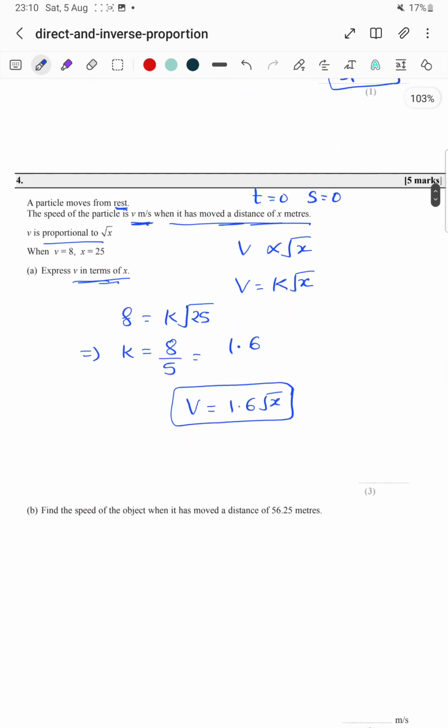Next is find the speed of the object when it has moved a distance of 56.25 meters. So the first thing is, I will be writing the rule that v is 1.6 times the square root of x.